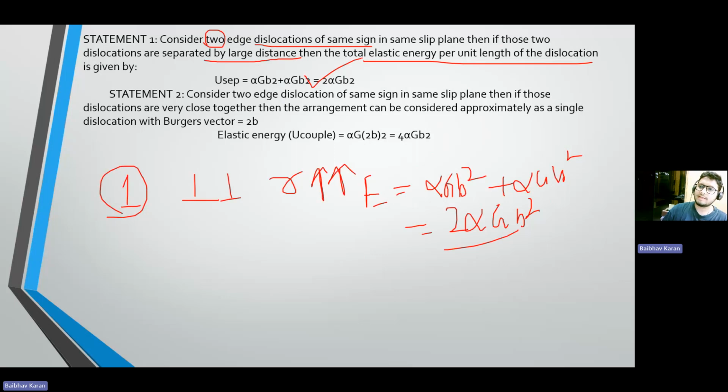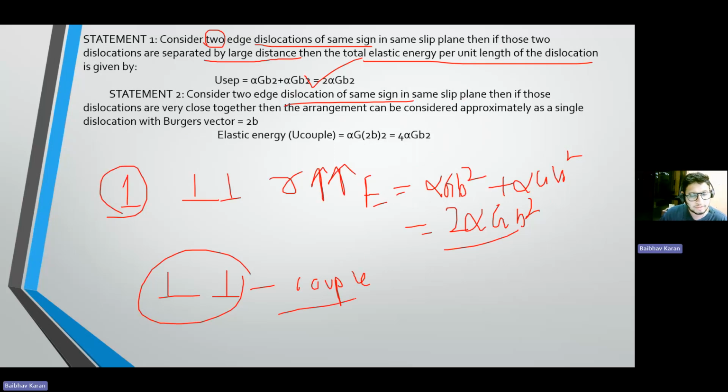Then let's consider a case when they are close to each other. Consider two dislocations of the same sign in the same slip plane, very close to each other. The arrangement can be approximated as one dislocation. There will be interactions among these dislocations, so they can be treated as a coupled or composite dislocation, because they are interacting with each other.